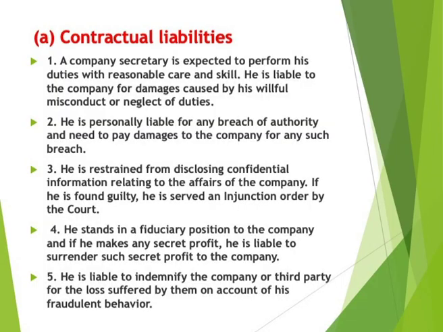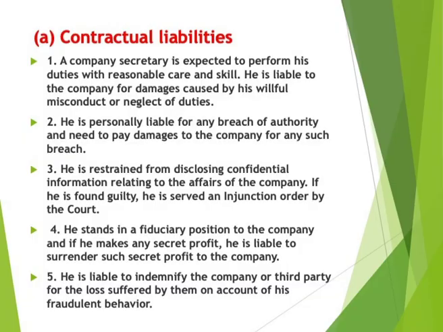Next, he stands in a fiduciary position to the company, and if he makes any secret profit, he is liable to surrender such secret profit to the company. As we see in movies and TV serials, a person works in an organization and, without the organization knowing, slowly on the side makes contractual agreements with others and makes personal profits.